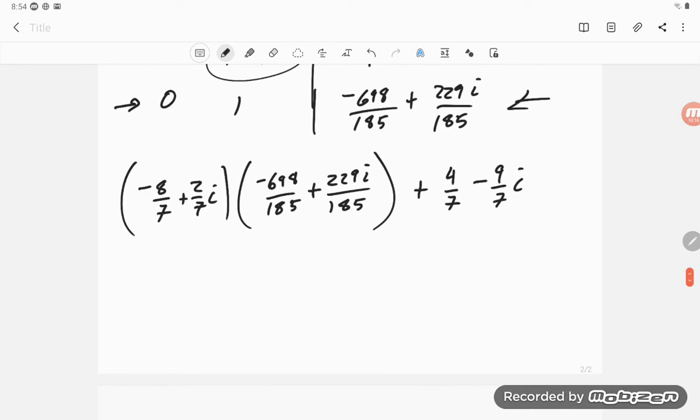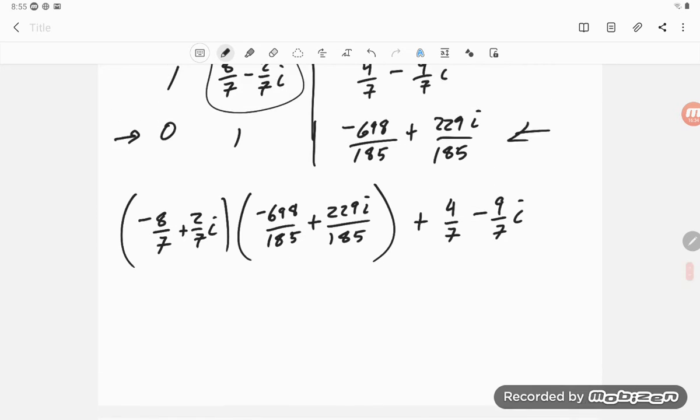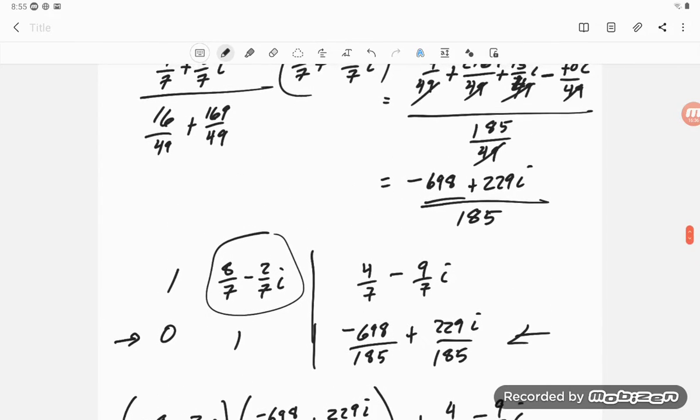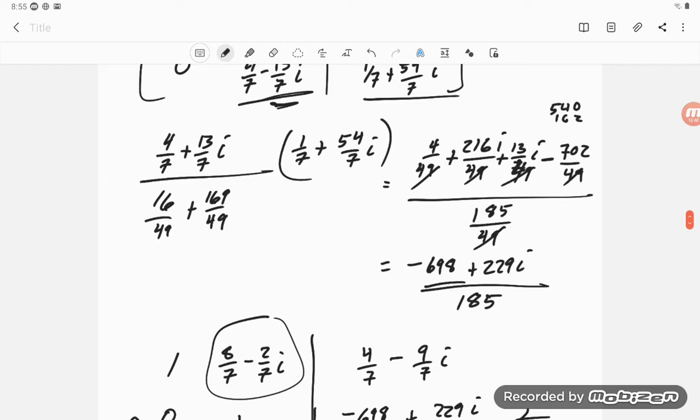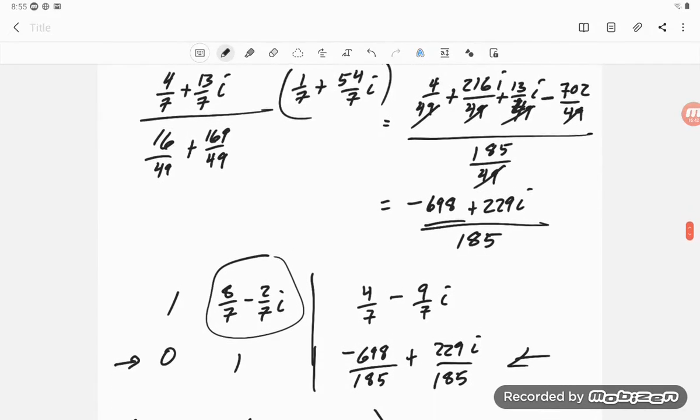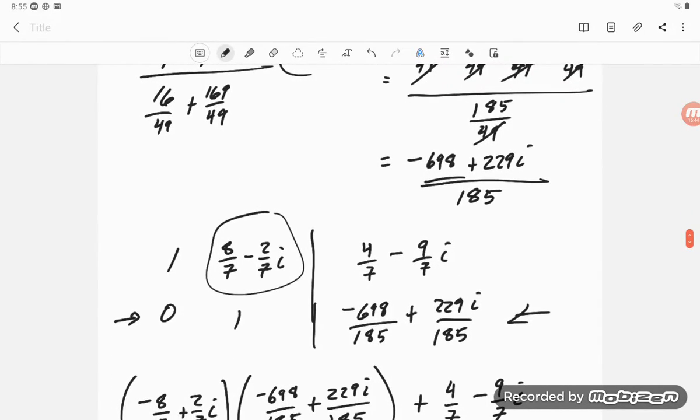Okay, well, it looks like I need a common denominator. And what, 7 goes into 185, what, 20, oh, does it go into 185? I would think it would. Isn't that where we got the 185? Oh, no, we didn't get the 185 from all that stuff, did we?